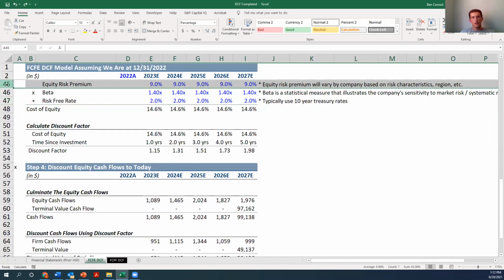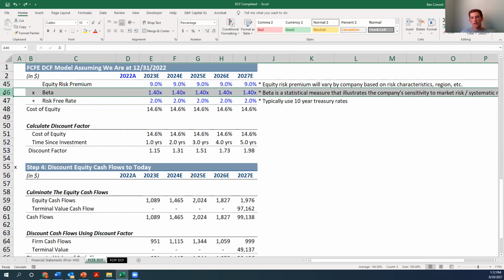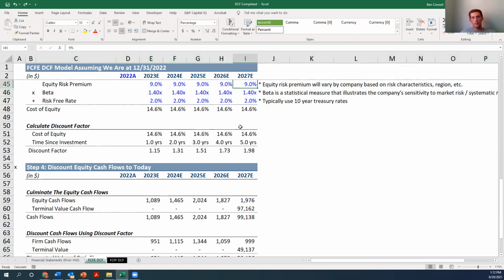The equity risk premium for all domestic companies should be the same, given it's the equity risk premium of the market, and then beta adjusts that equity risk premium based on the volatility of the stock. So again, the formula is equity risk premium multiplied by beta plus the risk-free rate. That's how you arrive at this 14.6 number.